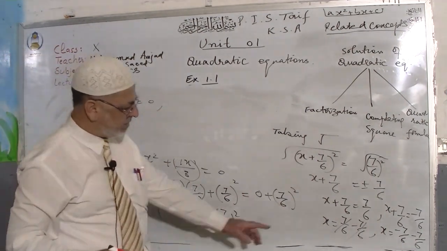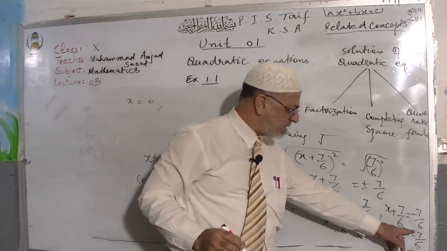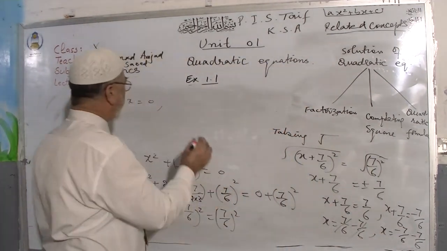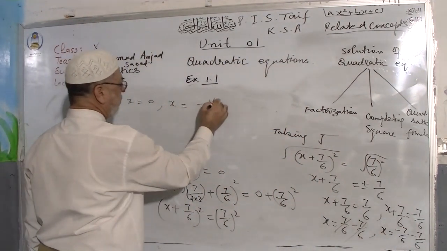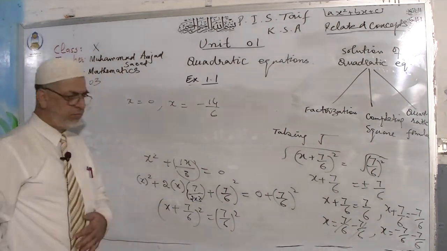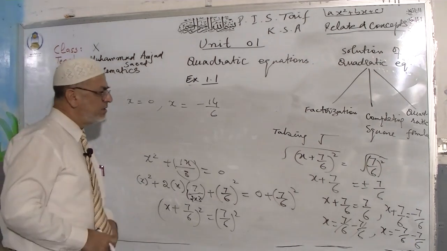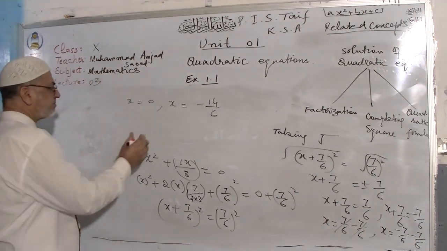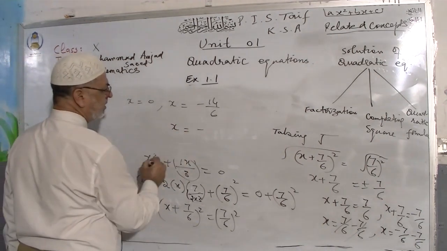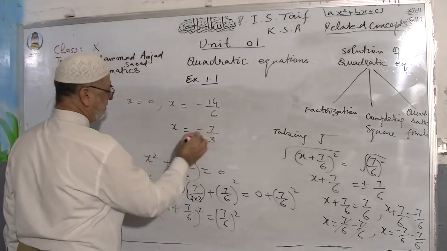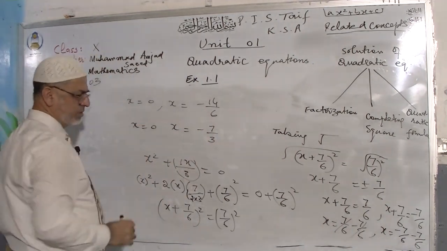And what is next? Minus 7 over 6 minus 7 over 6, actually minus 14 over 6. LCM is same, so that's why you can write down directly. X is equal to minus 7 over 3 and x is equal to 0.